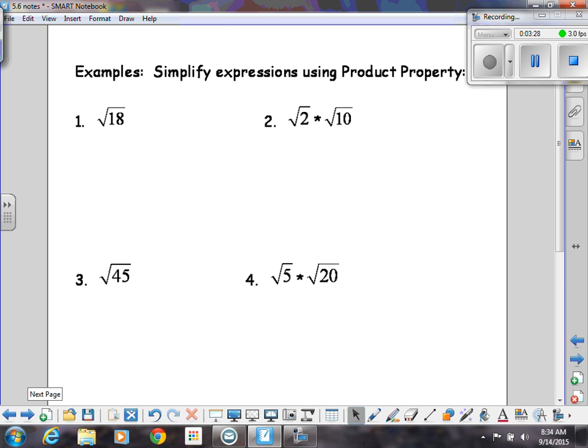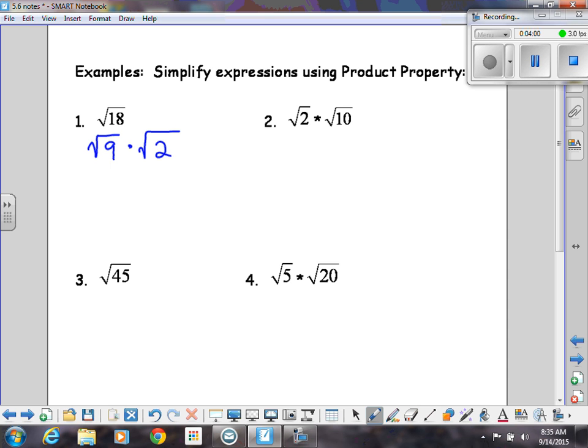Well, let's look at some examples. In this first one, the square root of 18, if you look back at your perfect squares, the square root of 18 is not on there. However, I know that I can pull that apart into two separate square roots that are multiplied together. If I try to come up with two numbers that multiply to give me 18, and I want one of those to be in my perfect square list, I'm thinking of the square root of 9, and then this would have to be the square root of 2.